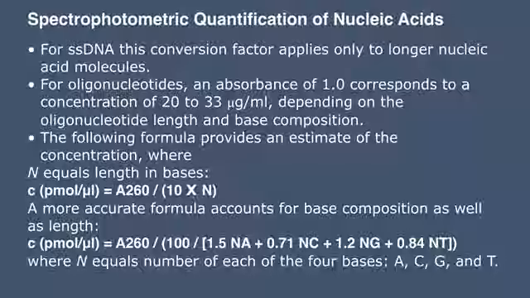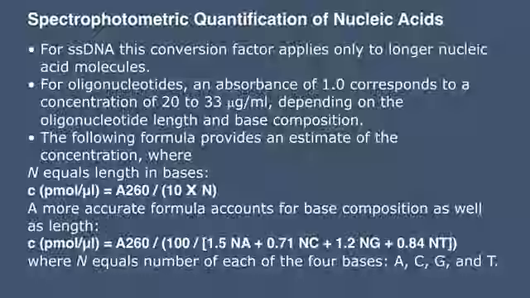For oligonucleotides, an absorbance of 1 corresponds to a concentration of 20 to 33 microgram per milliliter, depending on the oligonucleotide length and base composition. The following formula provides an estimate of the concentration, where N equals length in bases. C picomole per microliter equals A260 divided by 10 times N.